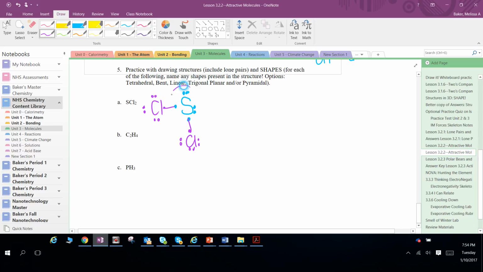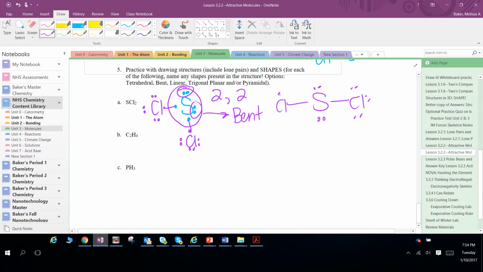Now to name the shapes, there's one central atom. It has 2 things attached and it has 2 lone pairs. So I can check back in my notes, or I can remember that that is going to be a bent shape. Even if I happen to draw it in a linear fashion, I should not name this molecule linear, because of these lone pairs, they're all pushing in 3 dimensions and it will have a bent shape.